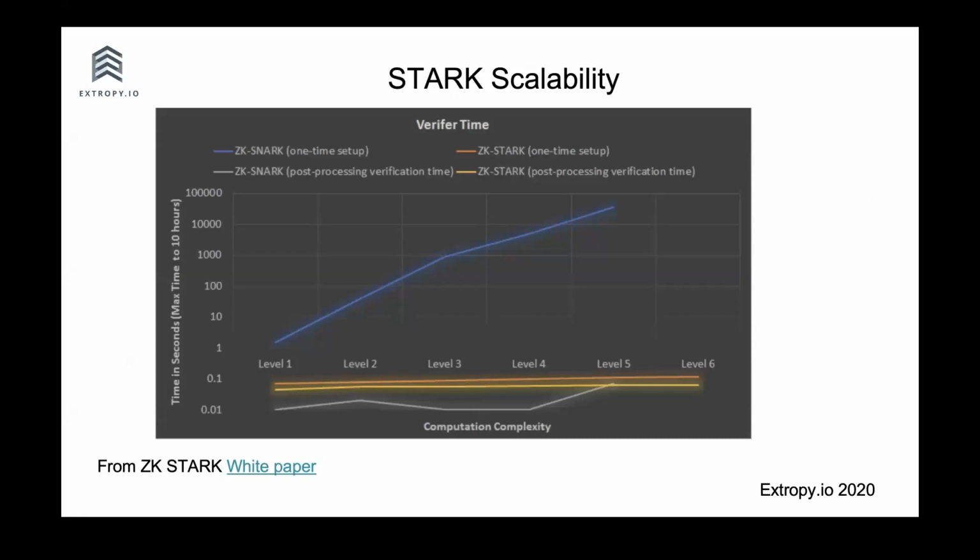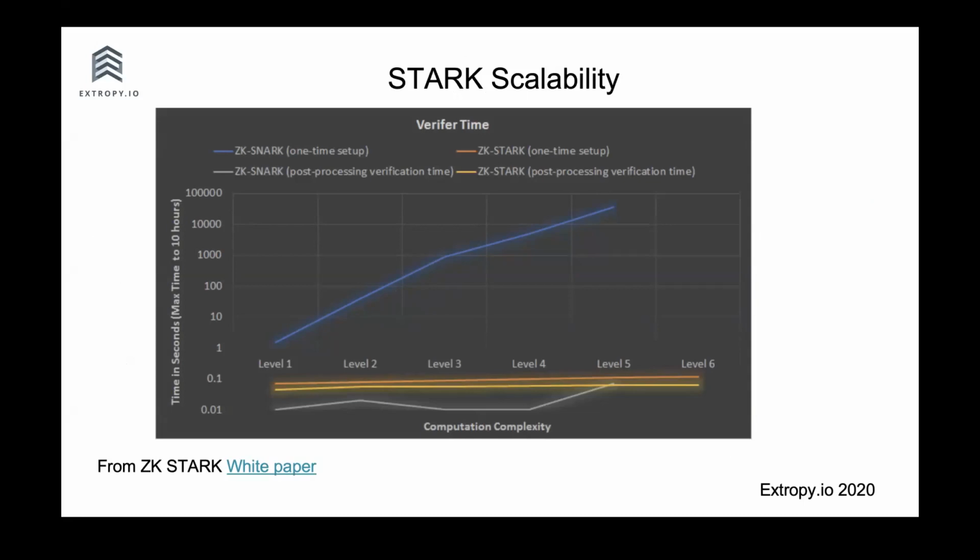The scalability here is shown to show you how they scale much better with the complexity as well. So as you shall see, as you make your SNARK more complex, more computation is required, and this can be a limiting factor.